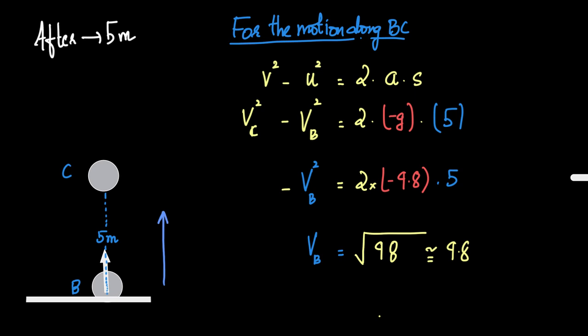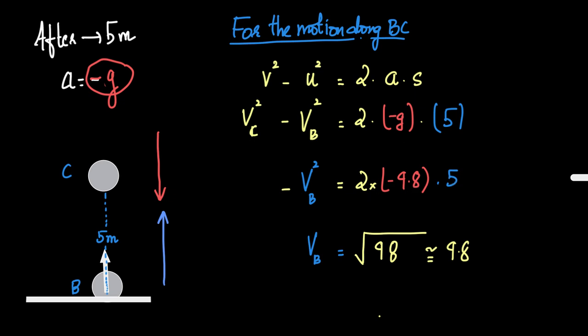This is the initial direction of motion. Acceleration due to gravity is acting in the opposite direction. Since it is opposing the velocity of motion, it would be taken as minus g. So 2 into minus g is 2 into minus 9.8 into 5.